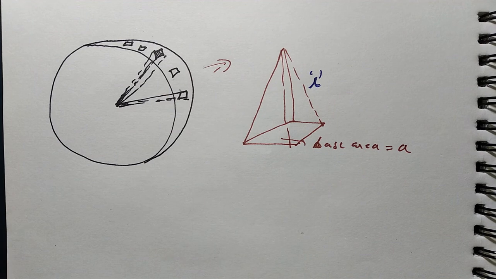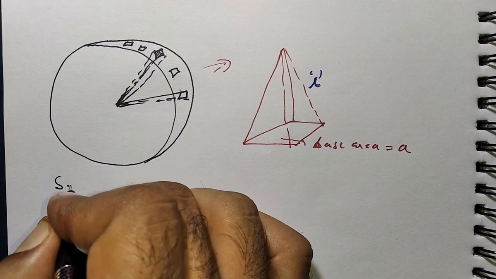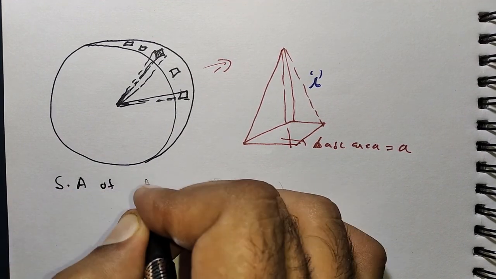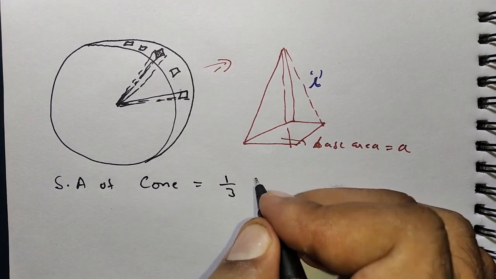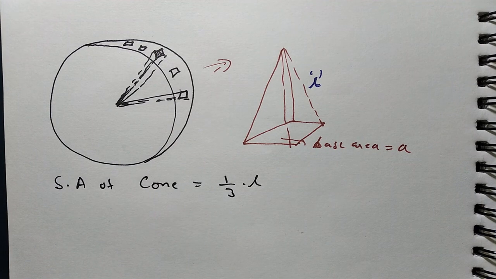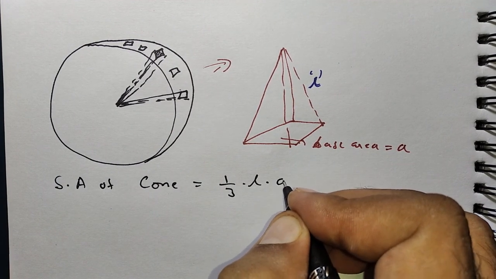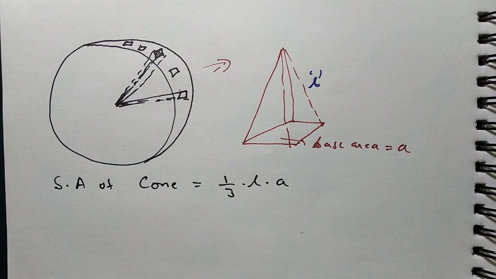And we know that the volume of a cone is 1 by 3 into the height L into the base area A.